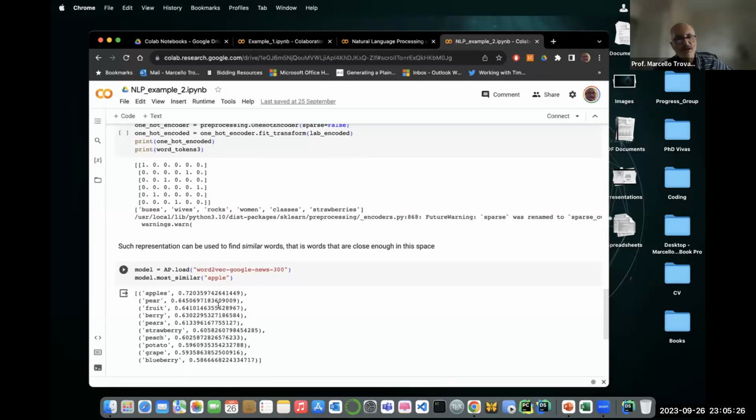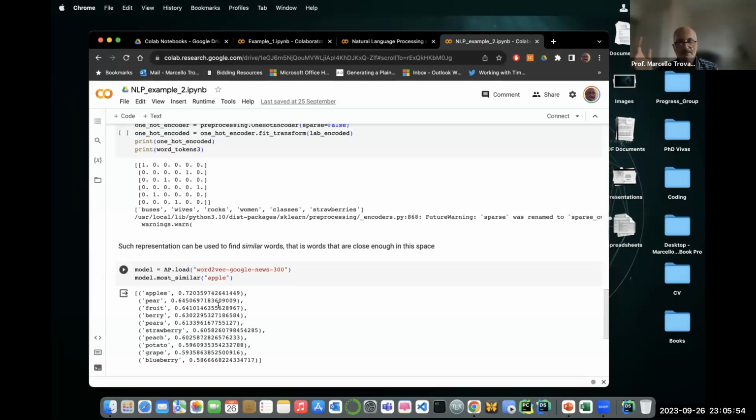Suppose I want to understand the similar words compared to apple. There is word2vec, and that means word to vectors. If you consider a space of words, a textual space, we can find every single word in a specific space.